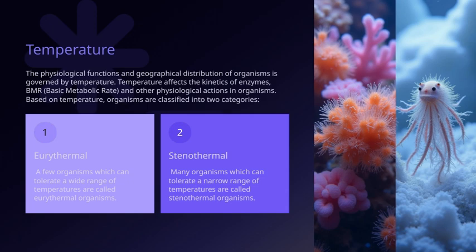So, based on how organisms respond to temperature, we classify them into these two categories: stenothermal and euthermal. Recognizing these distinctions helps us understand their survival strategies and how they adapt to their environments. It all ties back to the overall theme of how organisms cope with their surroundings and maintain their physiological balance.